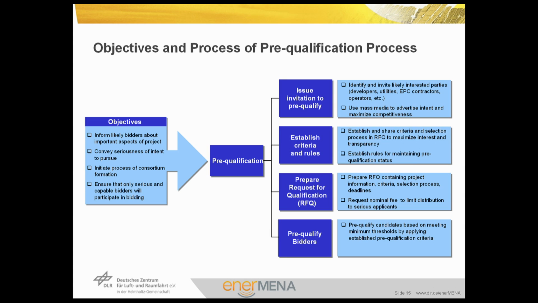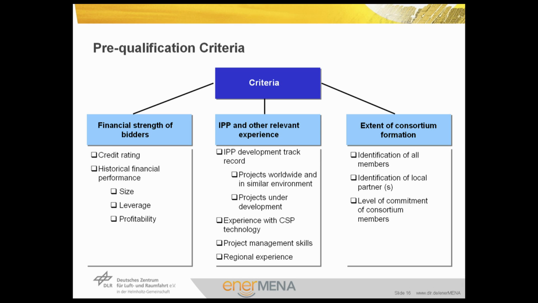Finally, the pre-qualification process ends up in pre-qualifying the bidders. This means the candidates who meet the minimum thresholds of the pre-qualification criteria will be eligible to continue with the bidding process. There are mainly three categories for pre-qualification criteria.